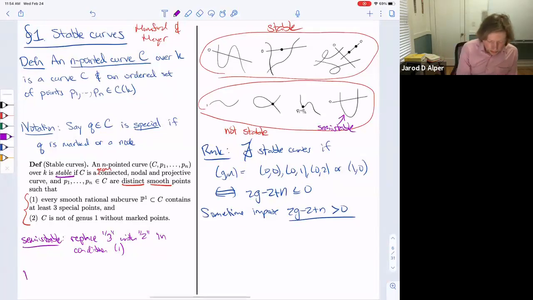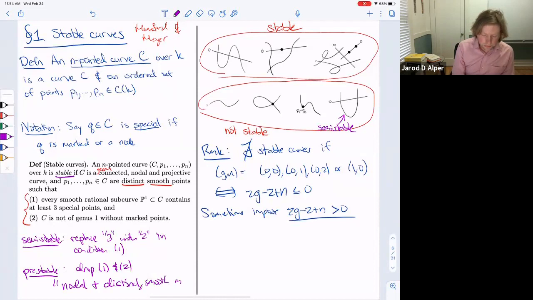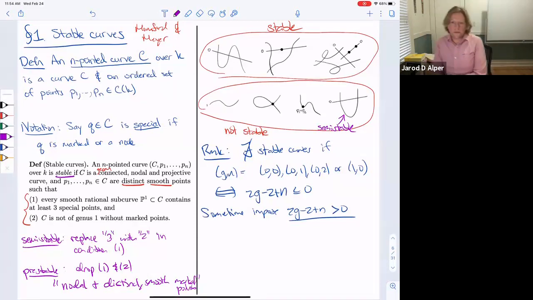And then you can also define a pre-stable curve, where you just drop 1 and 2 entirely. So it's essentially just a proper connected nodal curve with distinct smooth marked points. Right, and so clearly stable implies semi-stable implies pre-stable.